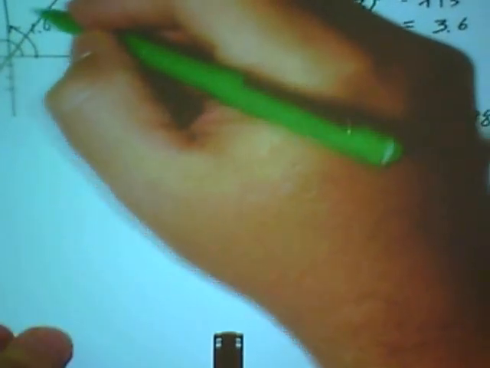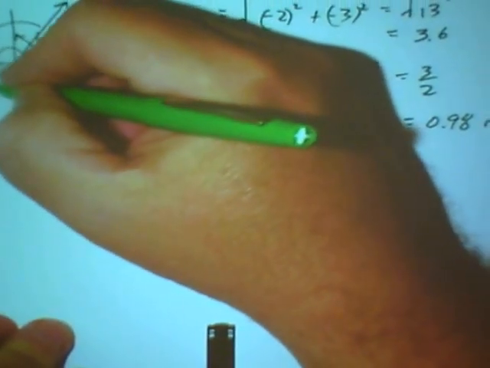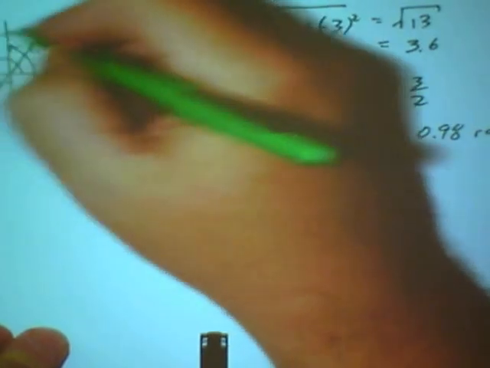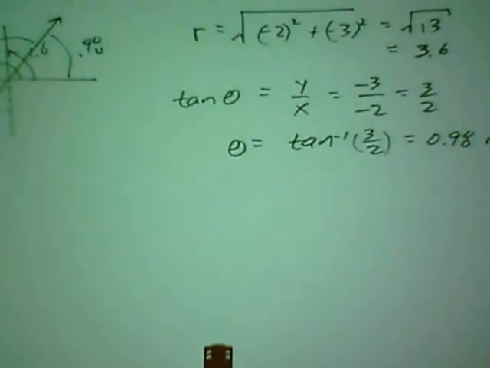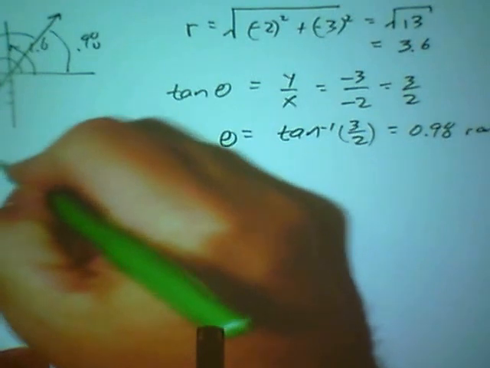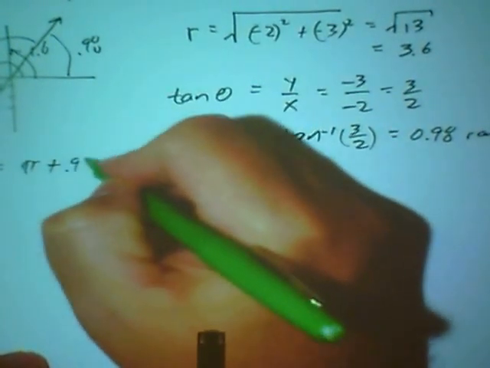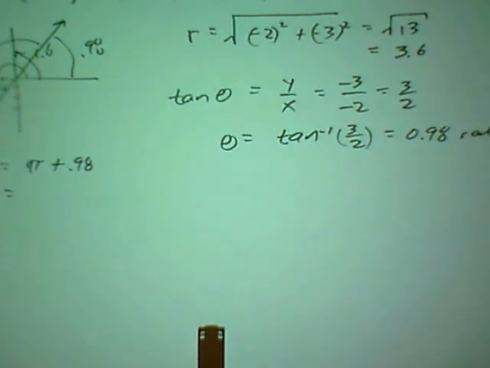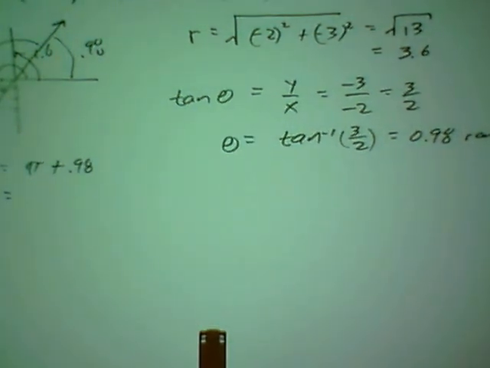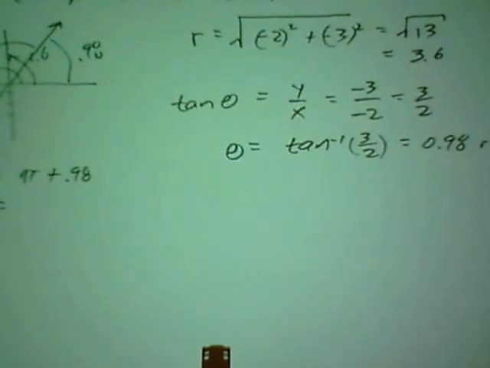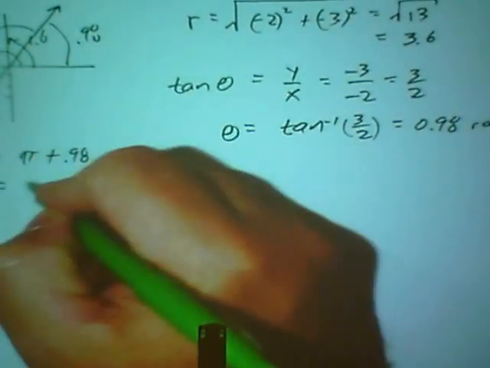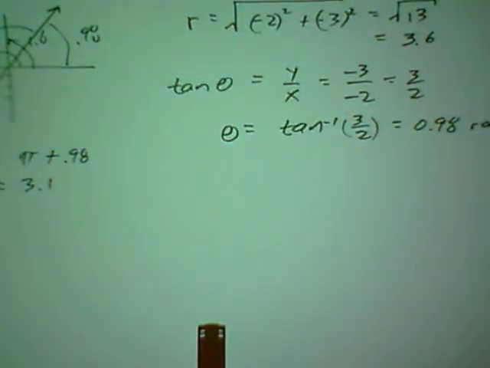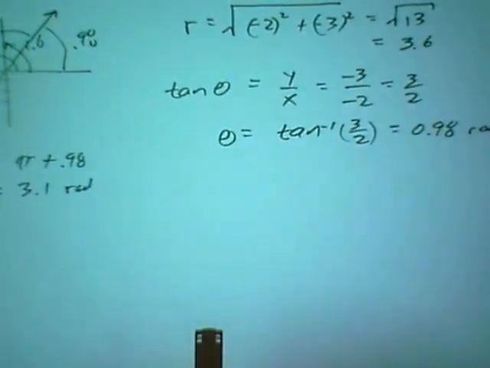So how do I get this angle over here? That distance is pi. So the angle I really want is pi plus 0.98. So the angle is 3.1. I'll put radians here just to be clear.